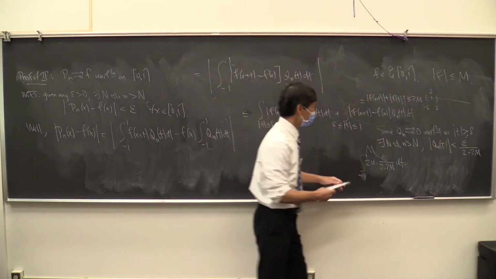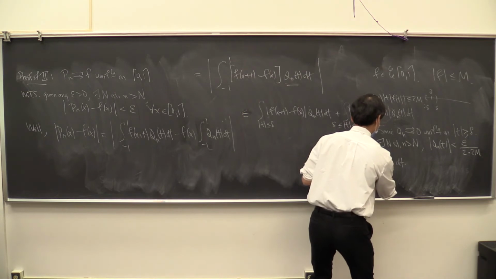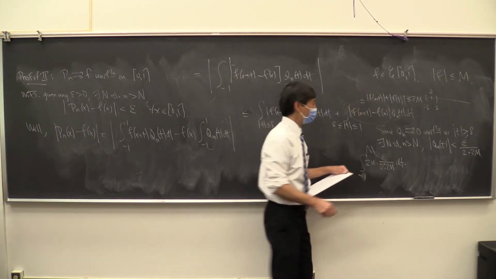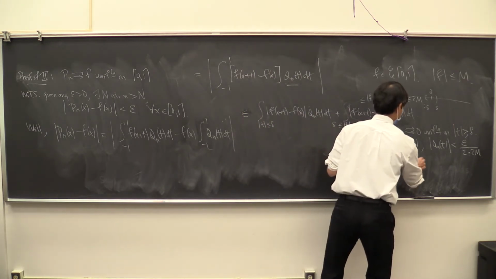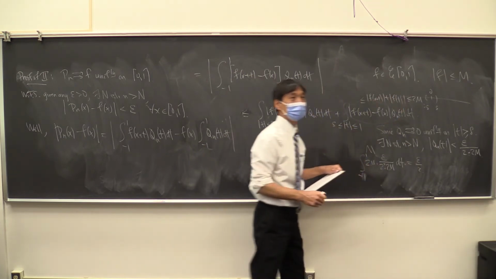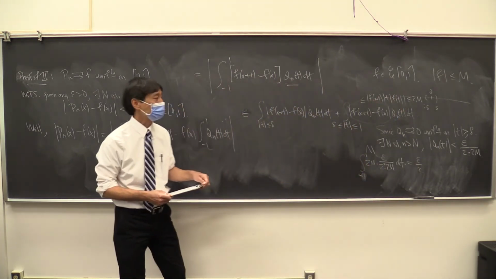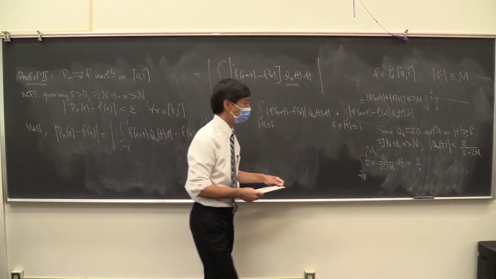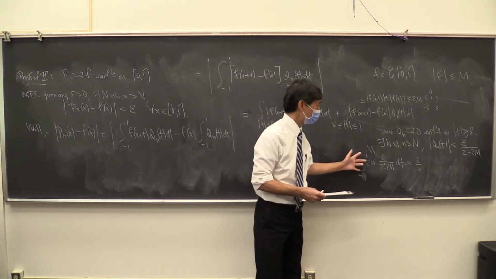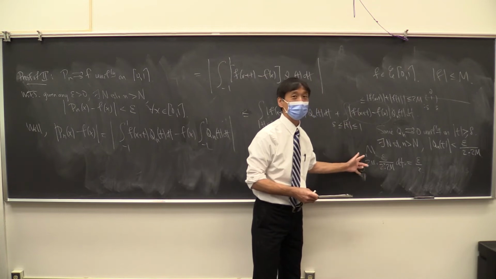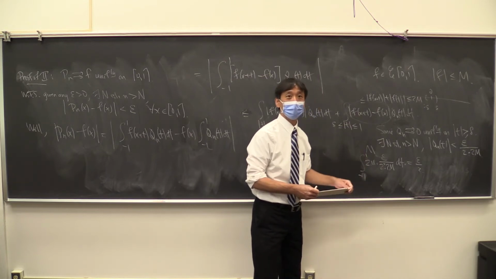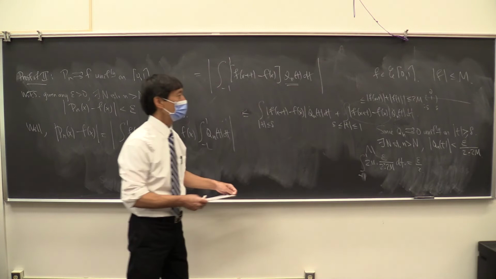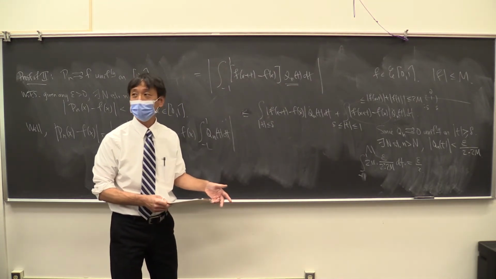In that case, I need another 2. So I get epsilon over 2. I need another 2 because I get a 2 when I integrate from negative 1 to 1. Okay, so that thing on the right is controlled by epsilon over 2.